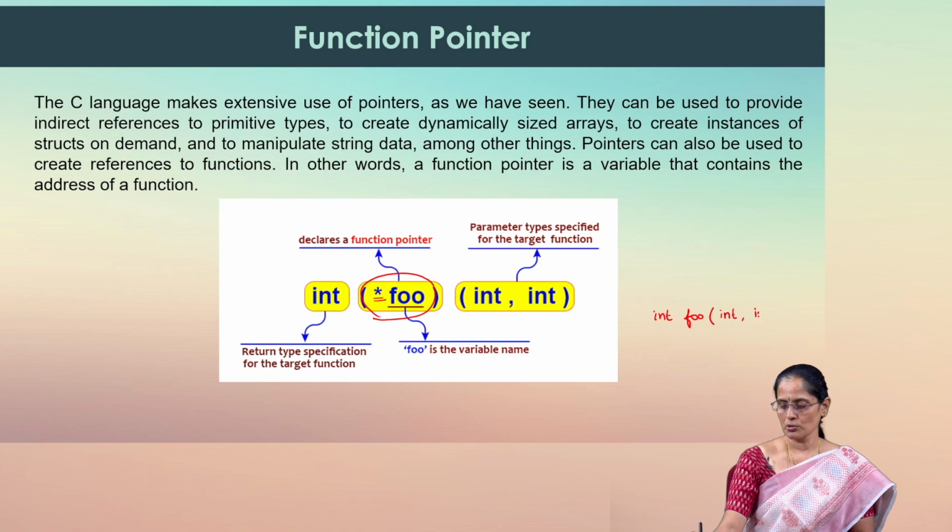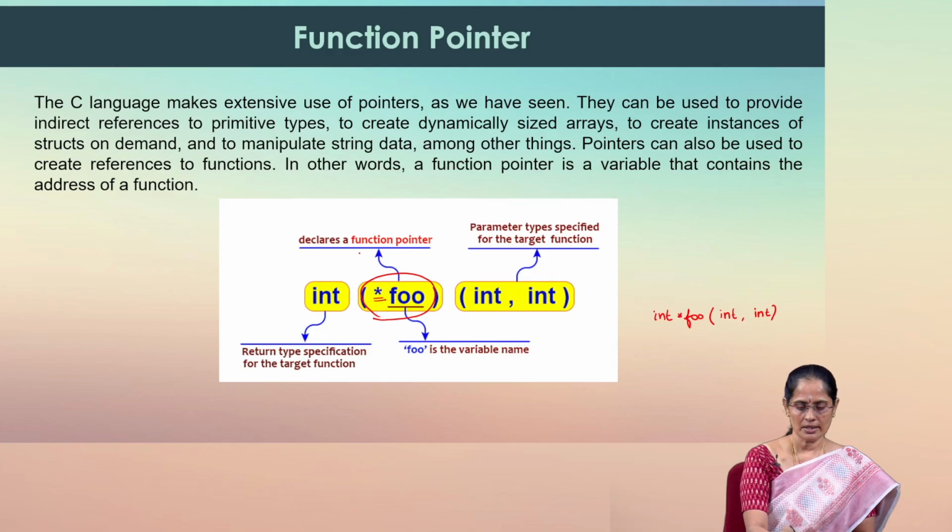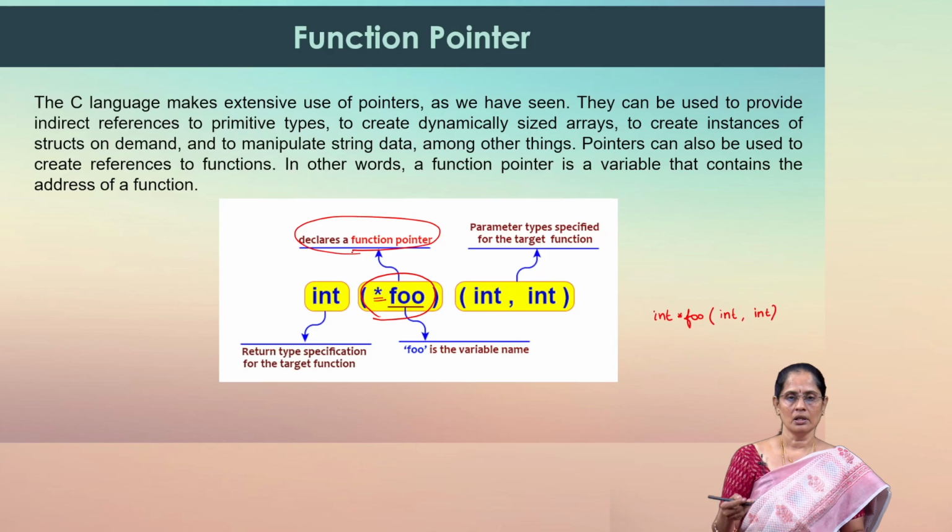This is a general function declaration statement. Here I am going to just add one asterisk symbol to make it a function pointer. If I add the asterisk symbol, this declares that it is going to be a function pointer.